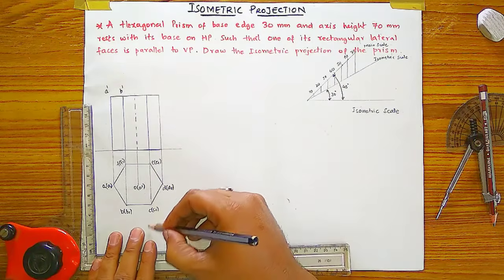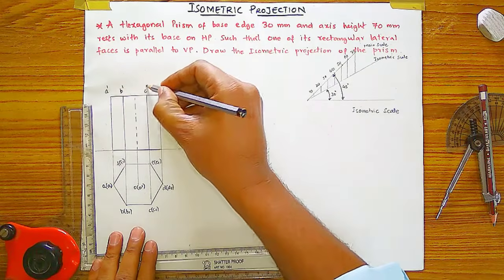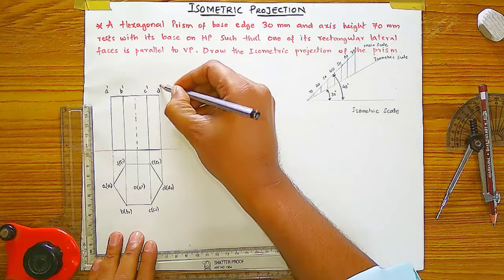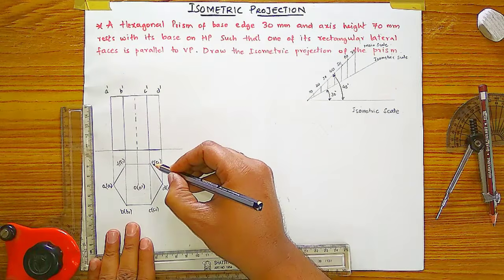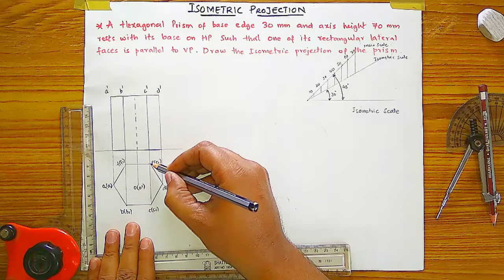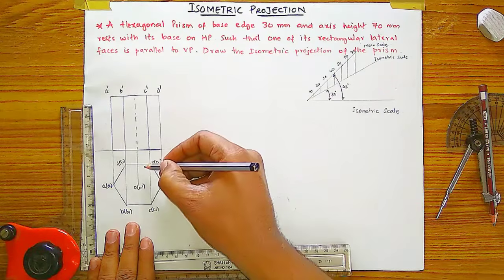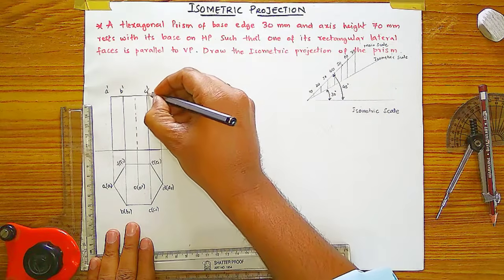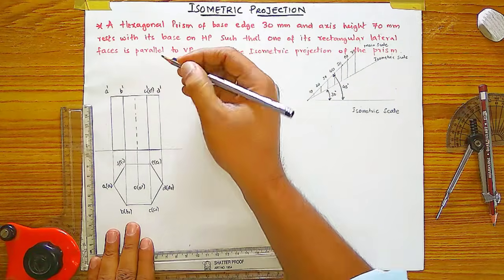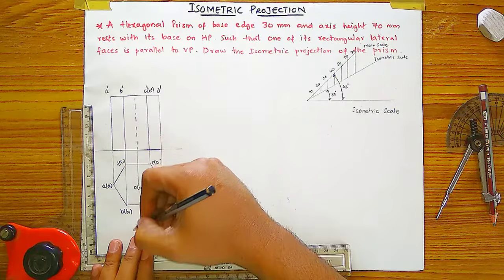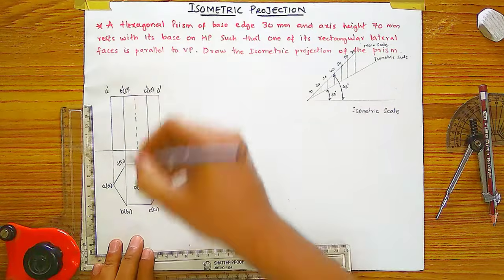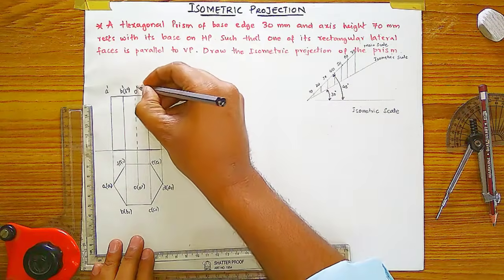C is also visible from downwards, write it as C dash. D is also visible from downwards, so write it as D dash. E is not visible from here, because E is at the back of these points, so it is invisible. For invisibility you have to write it in brackets, E dash. And F is also not visible, it is invisible, so the same, in brackets F dash, and the remaining O as O dash.